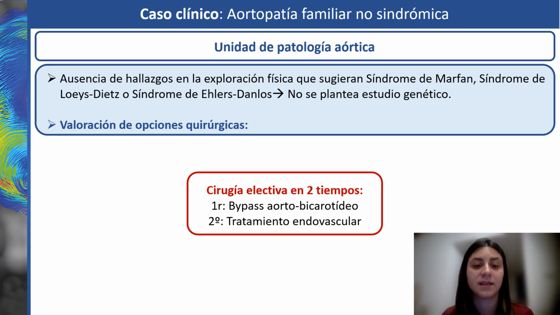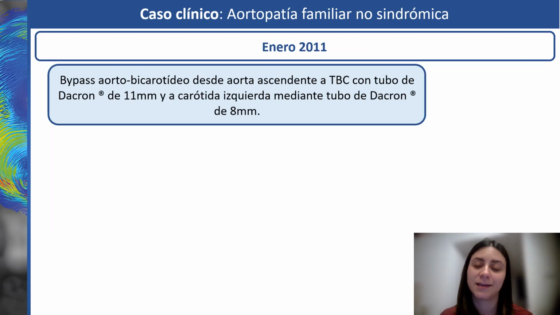First, they would perform an aortobicarotid bypass, since due to the anatomy of the dissection, placing a stent, which would seal the entry point, posed a risk to the left carotid's perfusion, so an aortobicarotid bypass was necessary at first. And once the perfusion of the supra-aortic trunks was protected, endovascular treatment would be performed using a stent. Initially, the patient was hesitant about surgery, which caused the procedure to take longer.